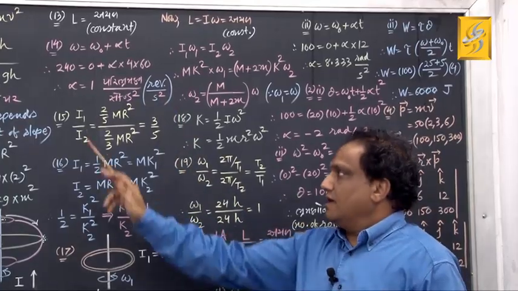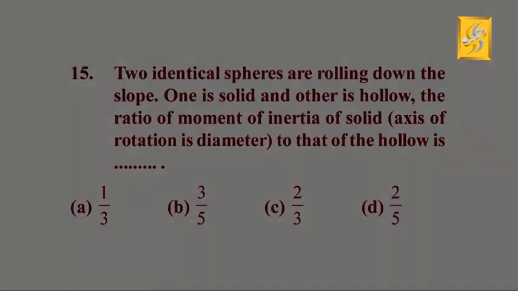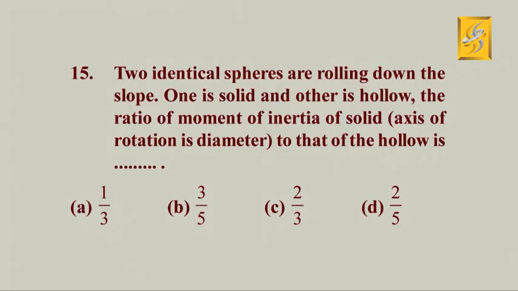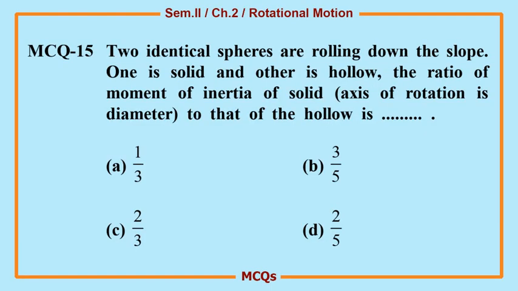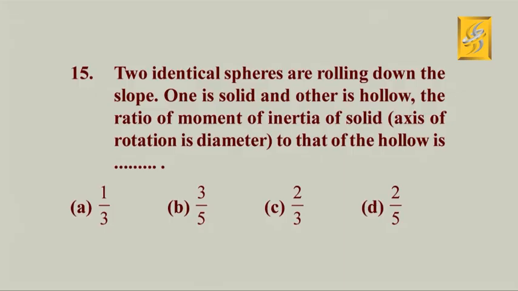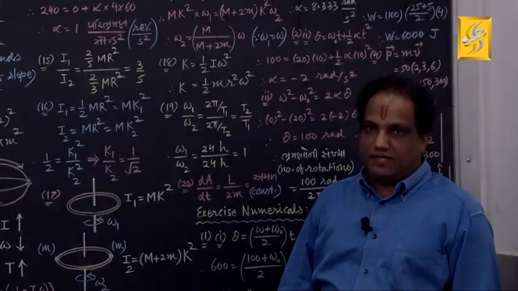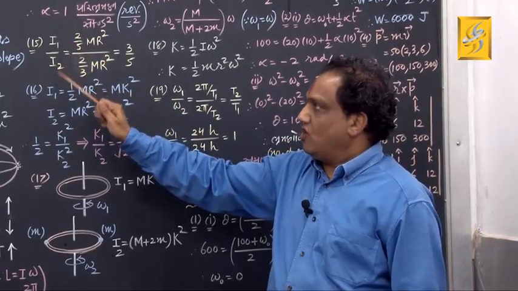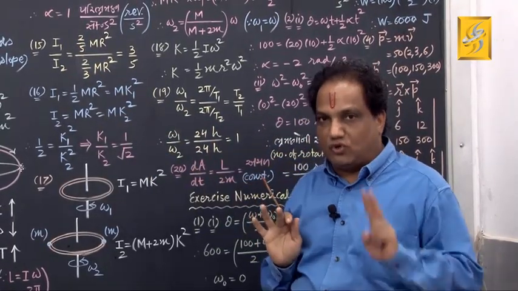Fine. Read number 15 now. Read it. We are asked to find the ratio of the moments of inertia for two bodies.